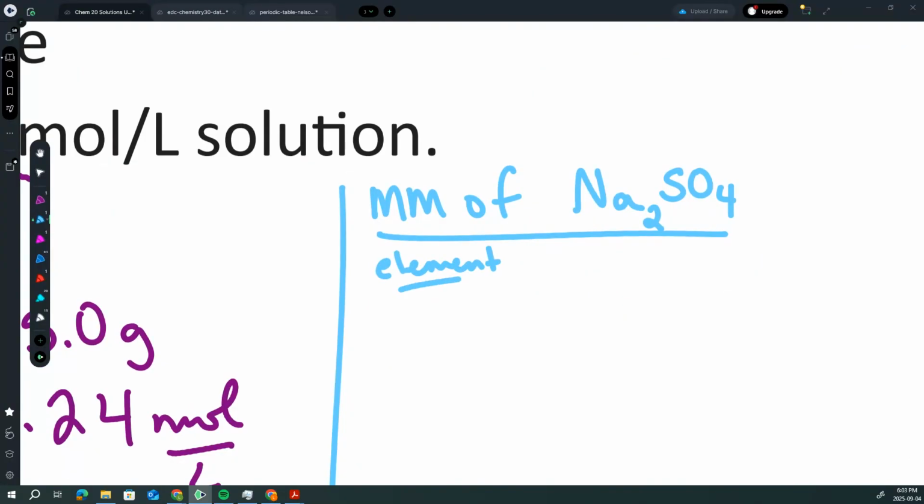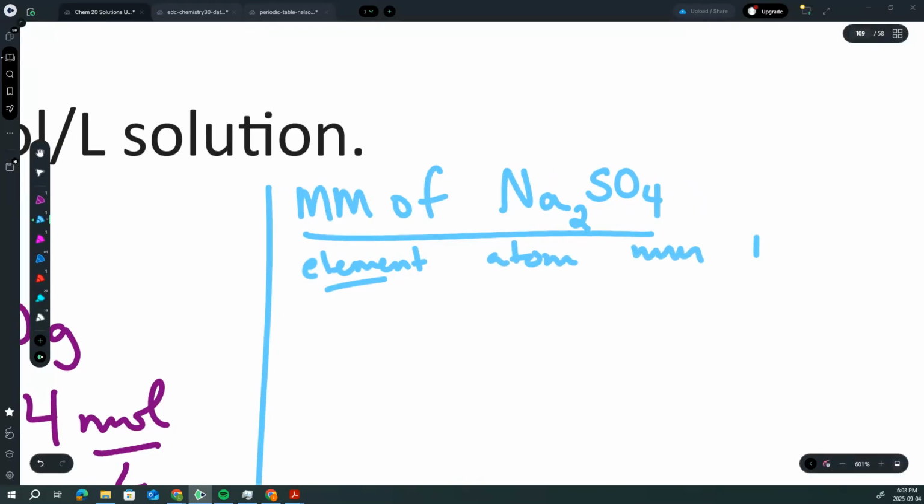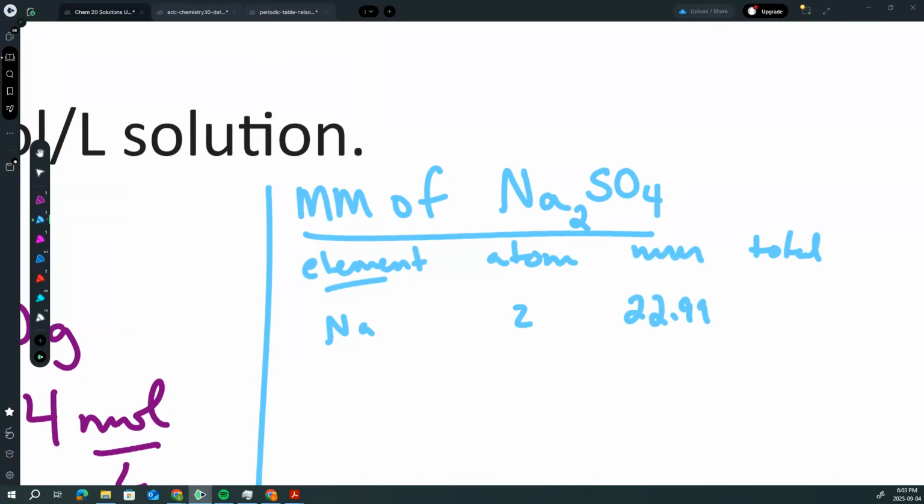All right, so element, atom, molar mass, total. So sodium, there's 2 of them. Molar mass is 22.99. So that's going to give us 45.98. Sulfur, there's 1 of them. Molar mass is 32.07.